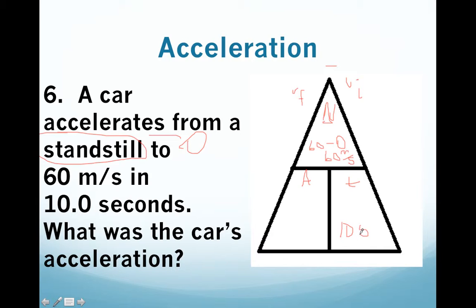Remember, if it's on the top, we divide. So now we're going to do 60 divided by 10, and I get 6. The unit for acceleration is meters per second squared. A velocity unit is meters per second, and your time is in seconds.